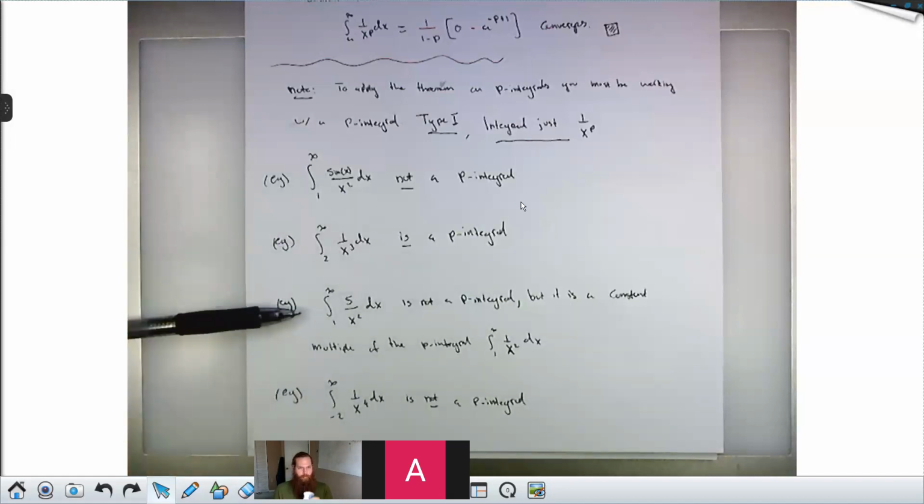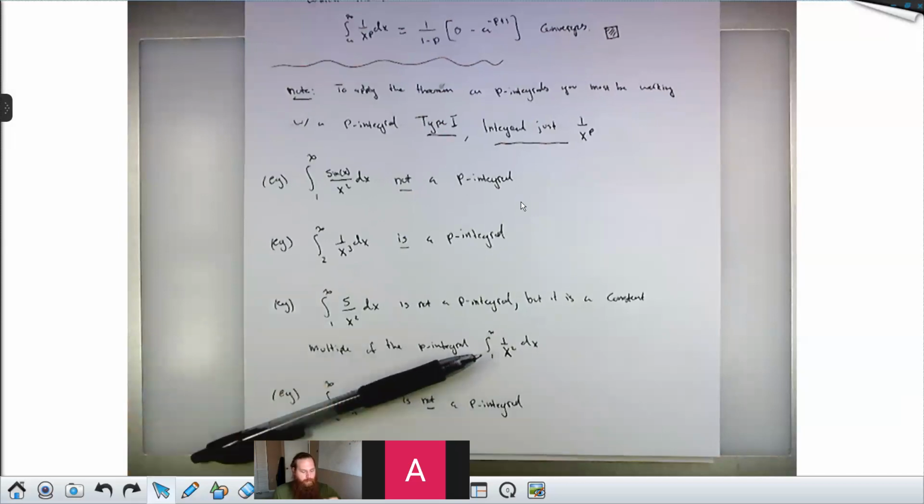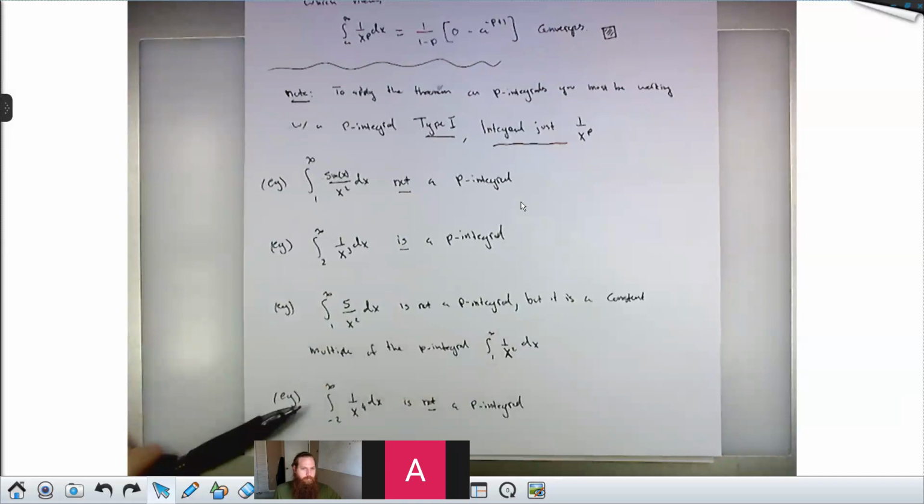Converge or diverge? Yeah, integral 3 also converges. It's not a p integral, but it is a constant multiple of a p integral. And the p integral that it is a constant multiple of has p equal to 2, which again is bigger than 1. Integral 4.